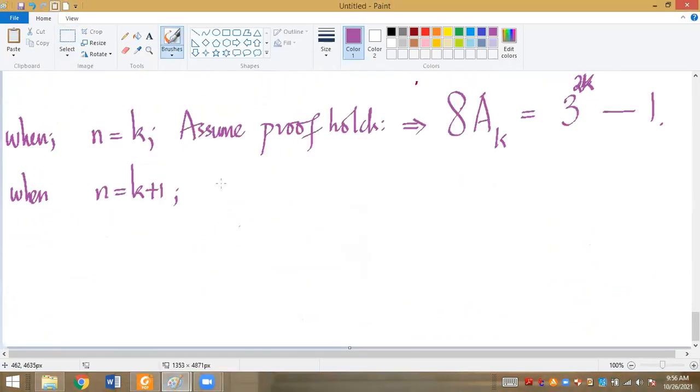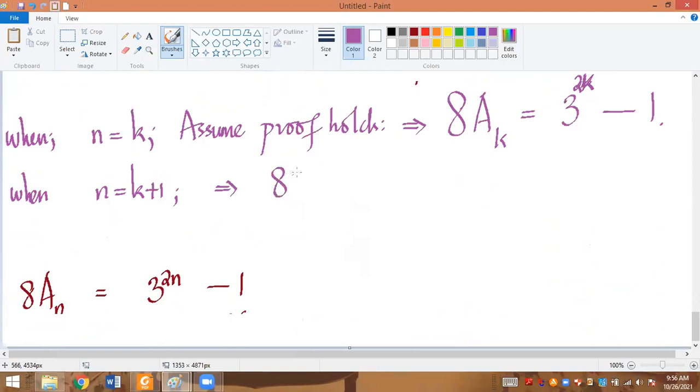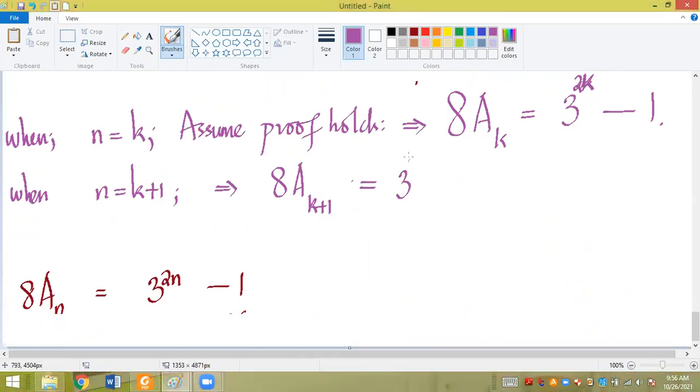I have to pick it and keep it in mind. When n is equal to k plus 1, what should it become? This should become 8a_(k+1). Still, you will substitute n as k plus 1, equal to 3 power 2 into k plus 1 minus 1.